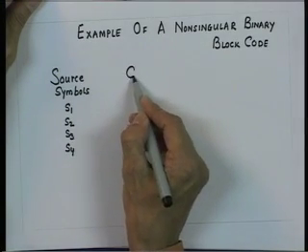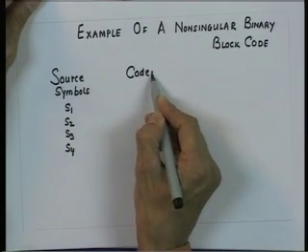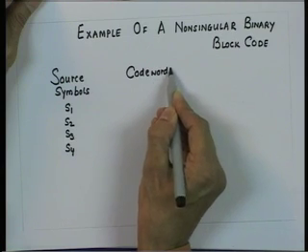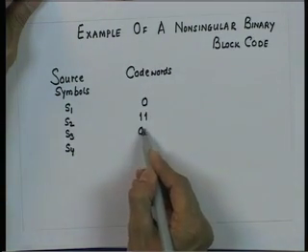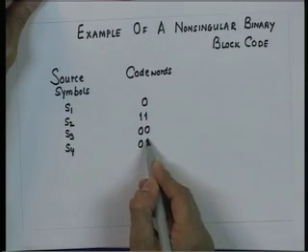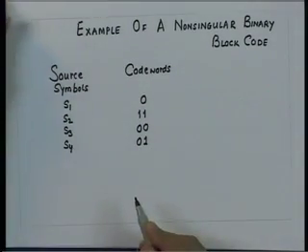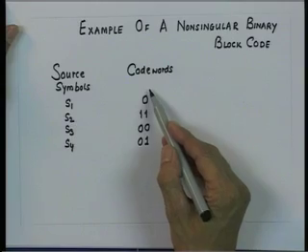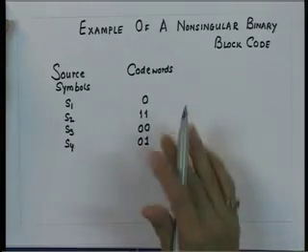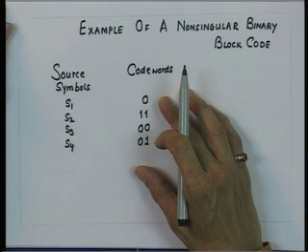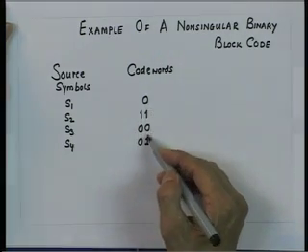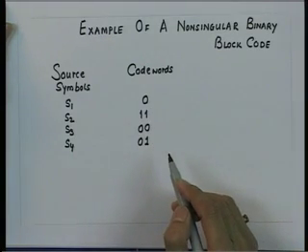Corresponding to the source symbols, let us assume that the code words are 0, 1 1, 0 0, 0 1. Now this code satisfies the definition for non-singularity of a code, because all the code words out here are distinct.